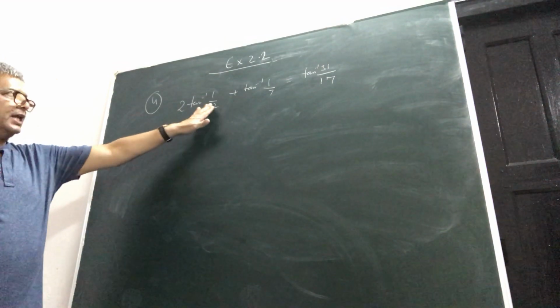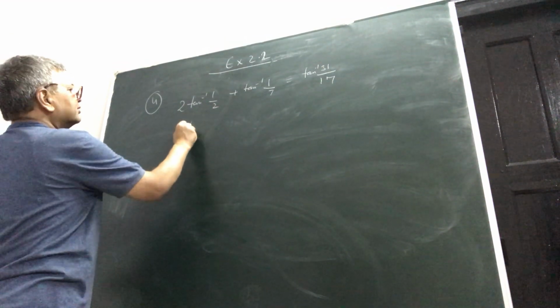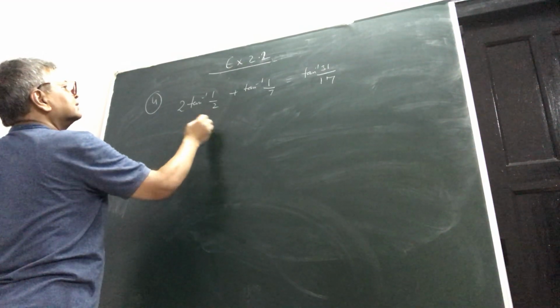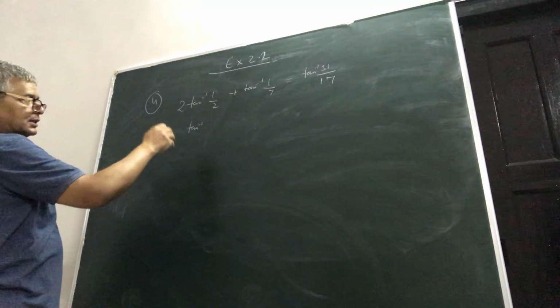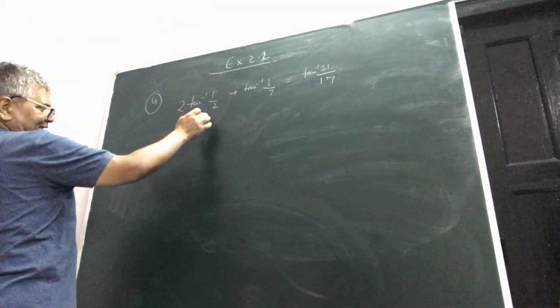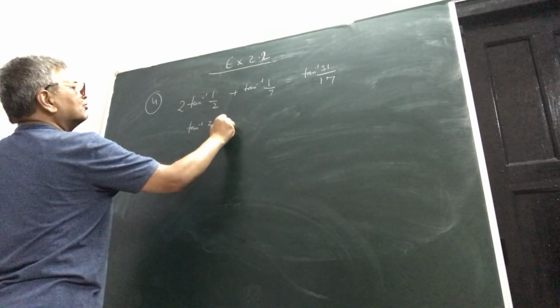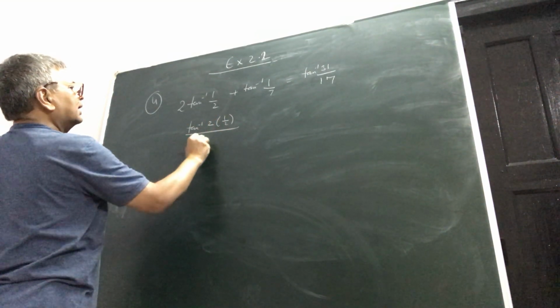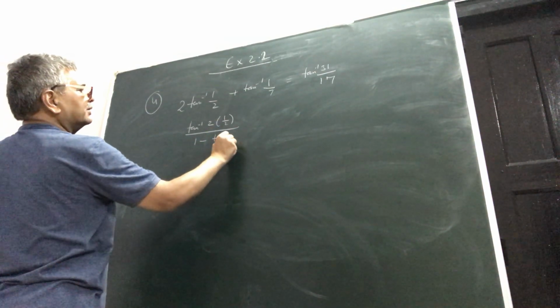Okay, what is this 2 tan inverse 1 by 2? 2 tan inverse x is tan inverse of 2x upon 1 minus x square, where x is 1 by 2.